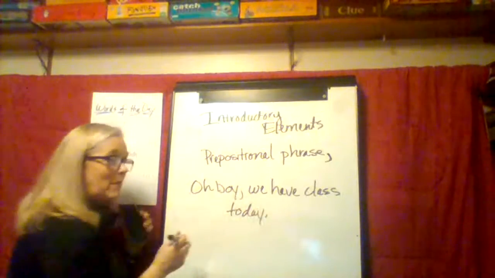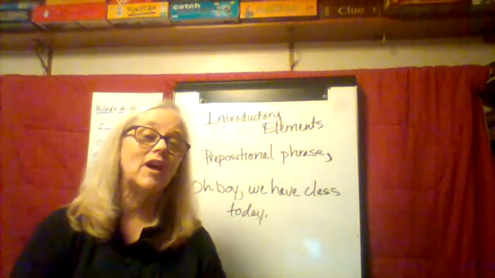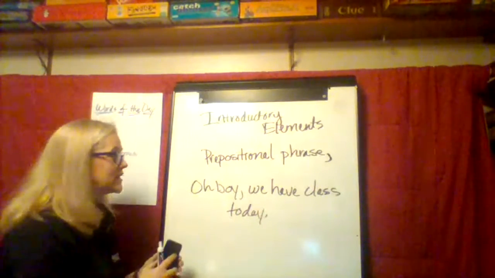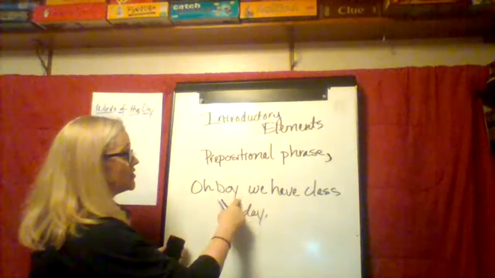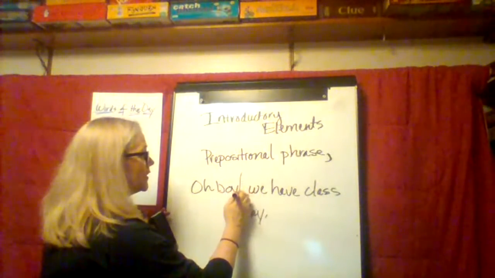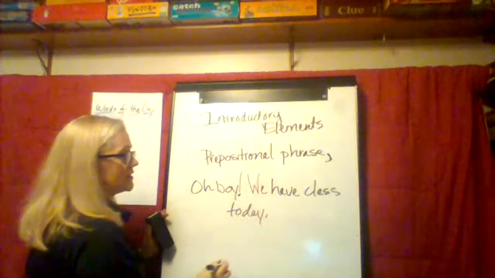If any of you remember the interjection song on Schoolhouse Rock, you use a comma when the feeling's not as strong, or an exclamation mark or exclamation point. So if I was so excited that we had class today, I might say, oh boy, and put in an exclamation point and then a separate sentence.